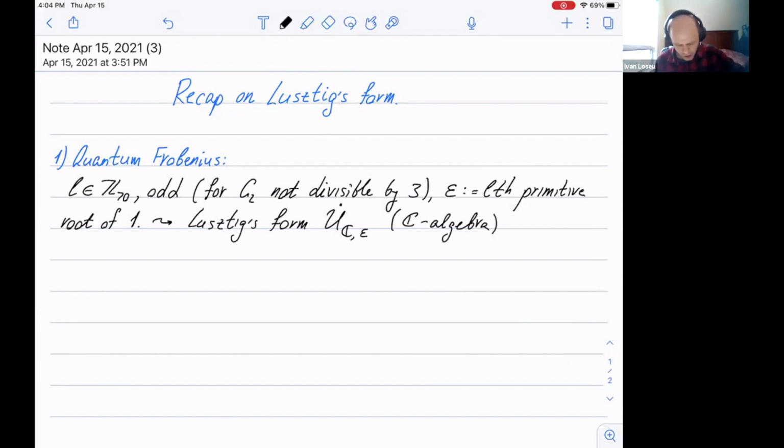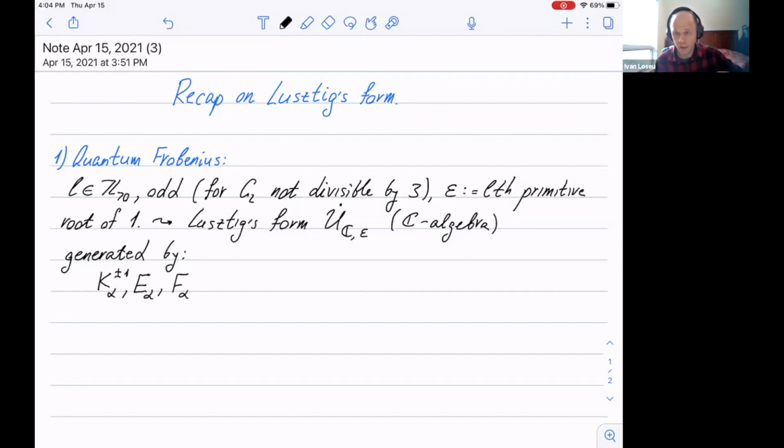And the thing is generated by the following elements. So as usual, we have k's, we have e's, and we have f's.